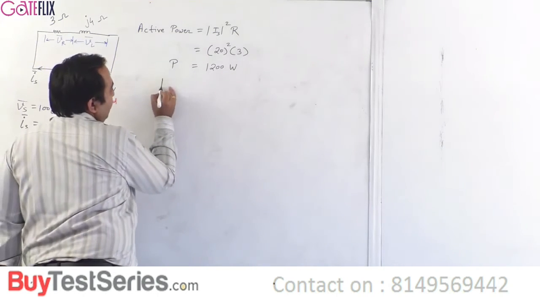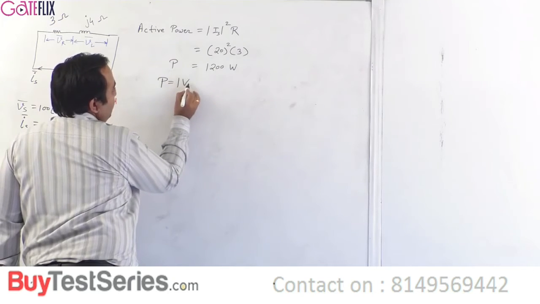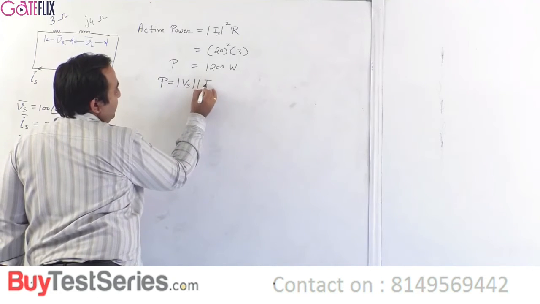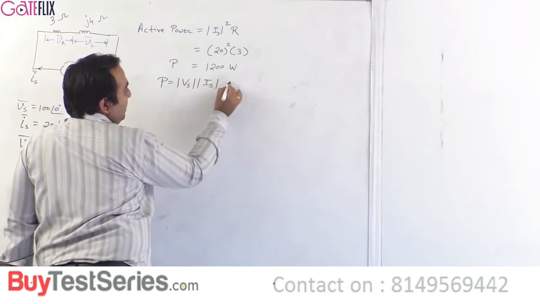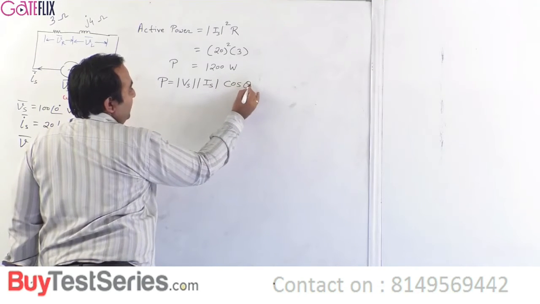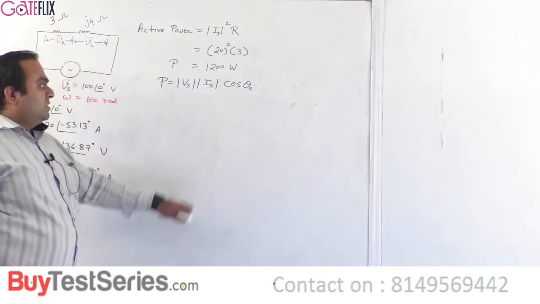This can also be calculated as the RMS value of the supply voltage, the RMS value of the supply current, and cos of the angle between them. What is this theta s?